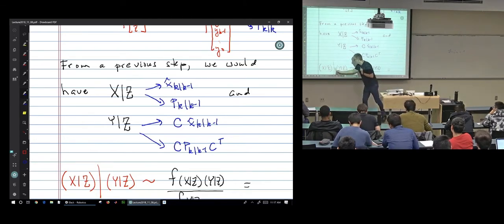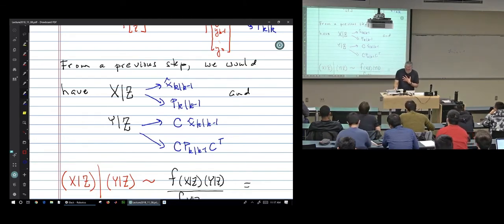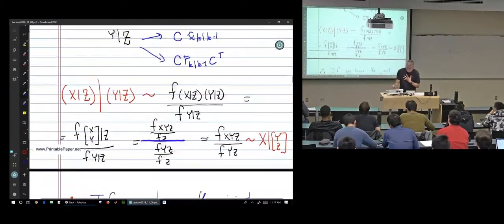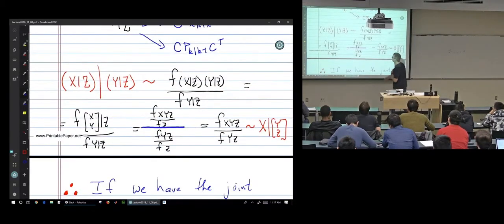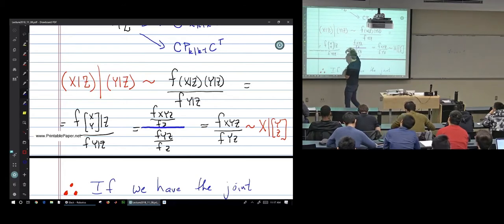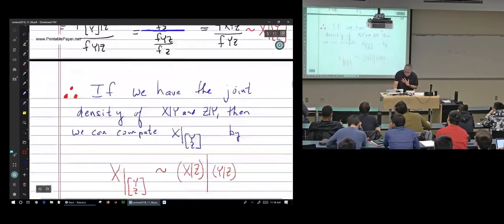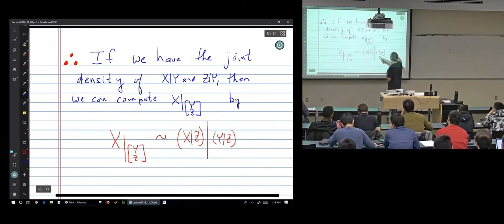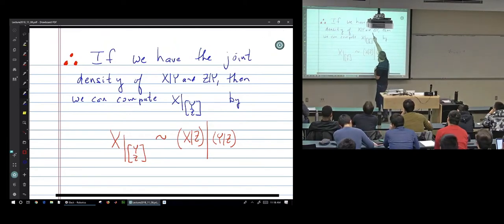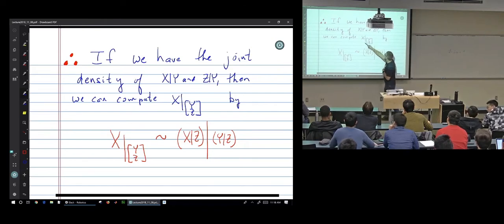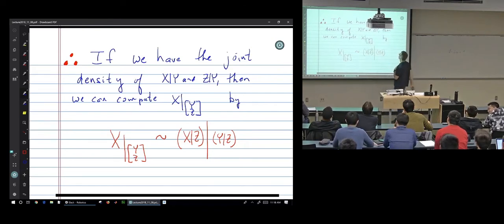And then this is what your homework problem showed, is that once we have the joint density of x given y and z given y, then we can compute this whole thing, okay?